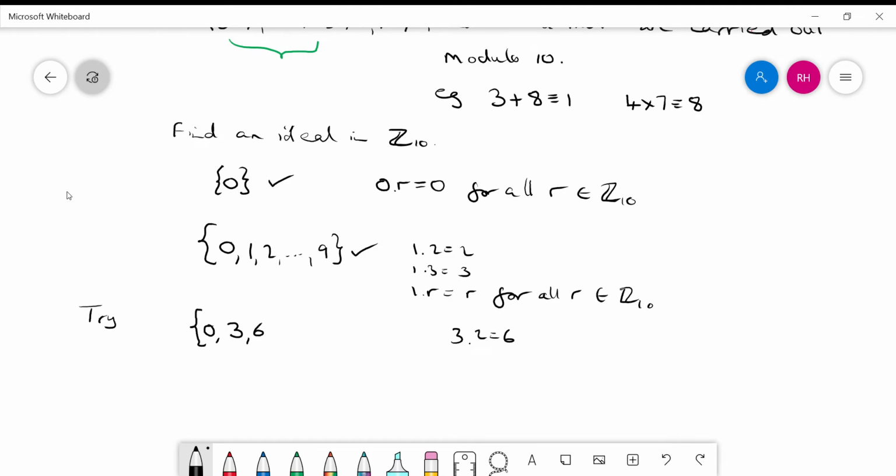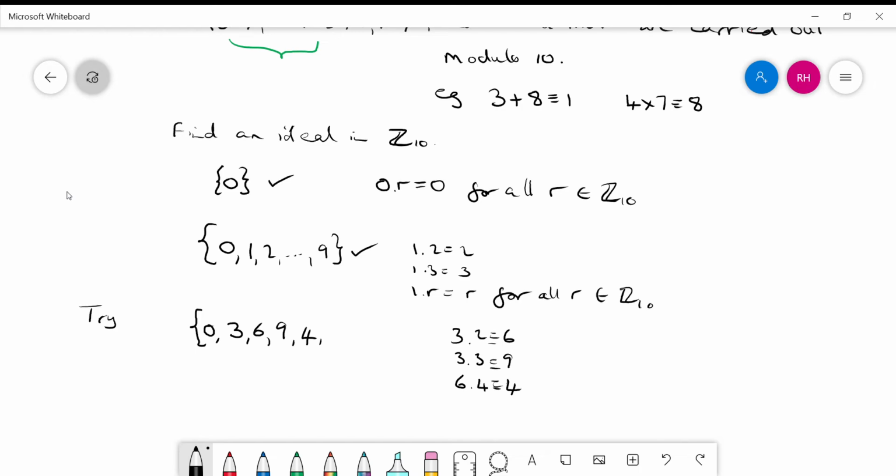Now 3 times 3 equals 9, so we better put a 9 in. Once we put 6 and 9 in, the same thing applies. 6 times 4 is 24, so that's equivalent to 4. So I've got 4, and I think you can see pretty quickly we're going to have to put everything in.